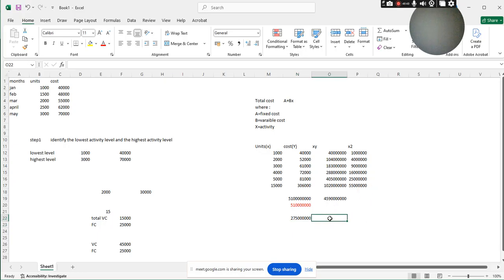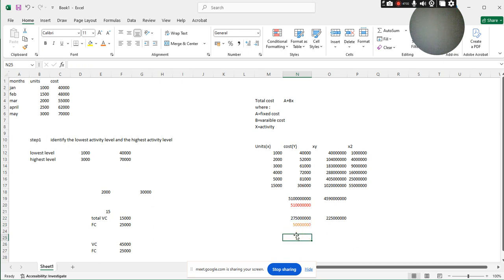Then we have our summation x all square, so we can say equals to this, multiplied by the same thing. Enter. So we can now say equals to this minus this. Enter. Let's color it this color. Are we following? Yes, sir.